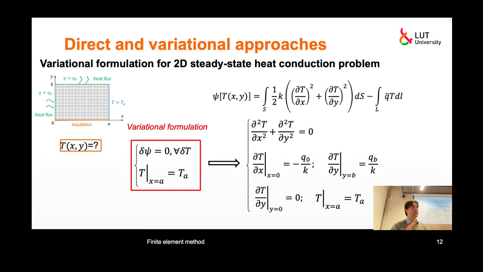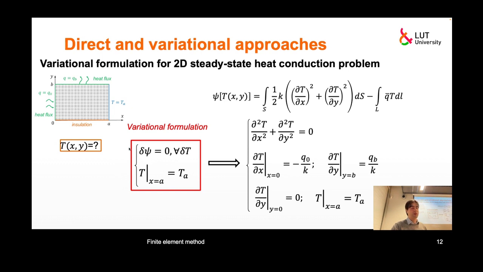So what does the variational principle say in this case? This is the statement of variational principle in this red box. So first variation of this functional must be equal to 0 for any variation of temperature or for any test function. Yeah, we already discussed this step. But here it comes with additional restriction.